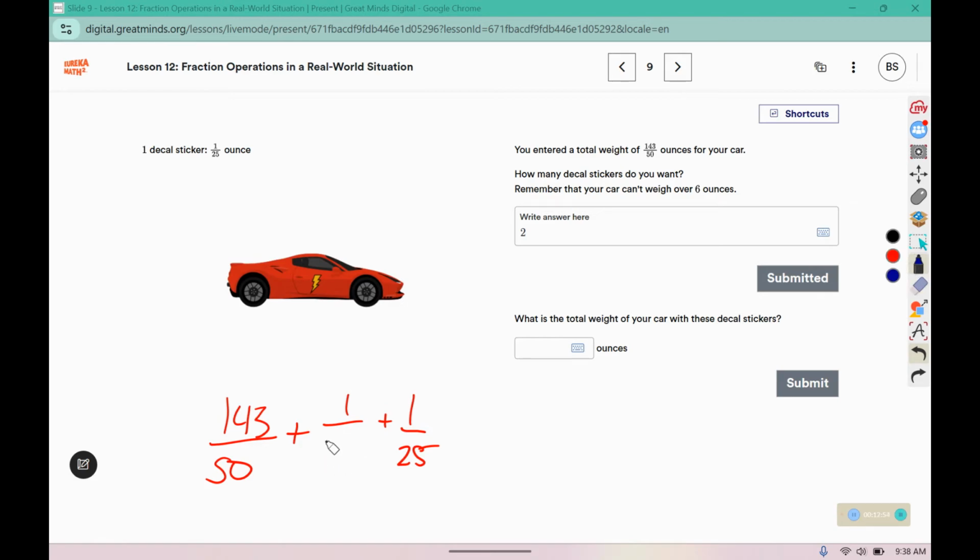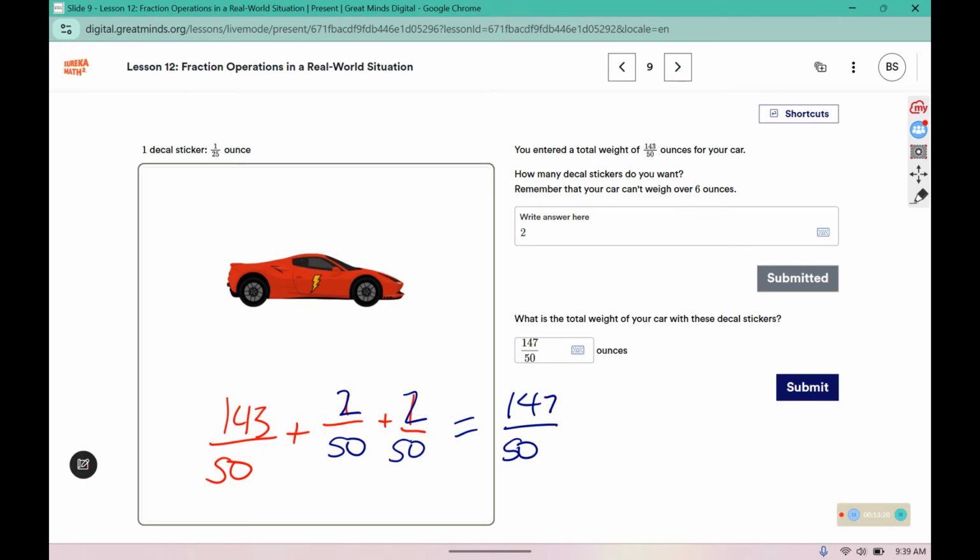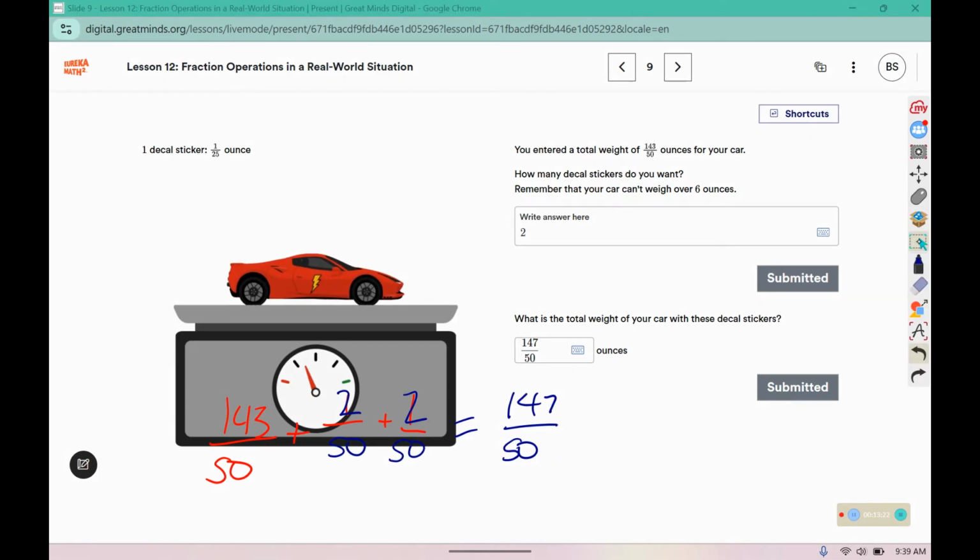I have to double 25 to get 50, so I need to double the numerator as well. 143 plus 2 is 145, plus 2 more is 147. And we keep the denominator the same. And we check our work before moving on.